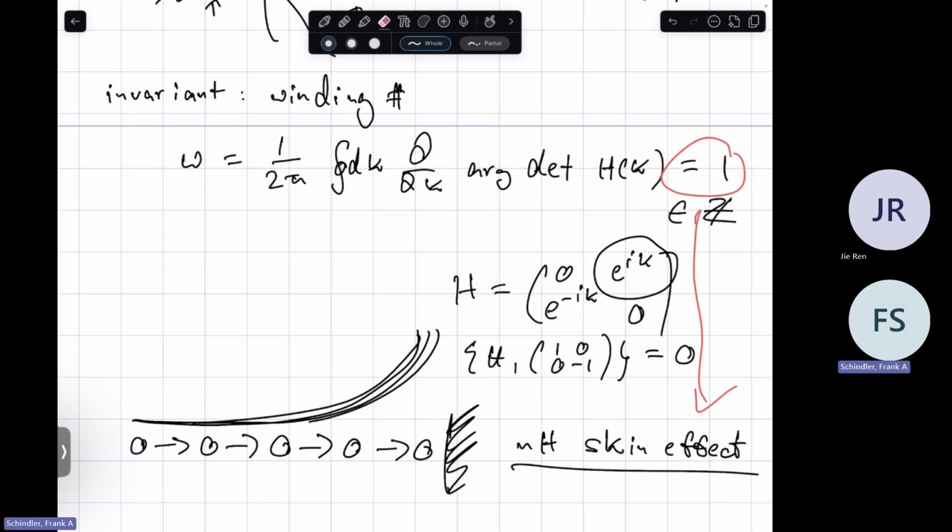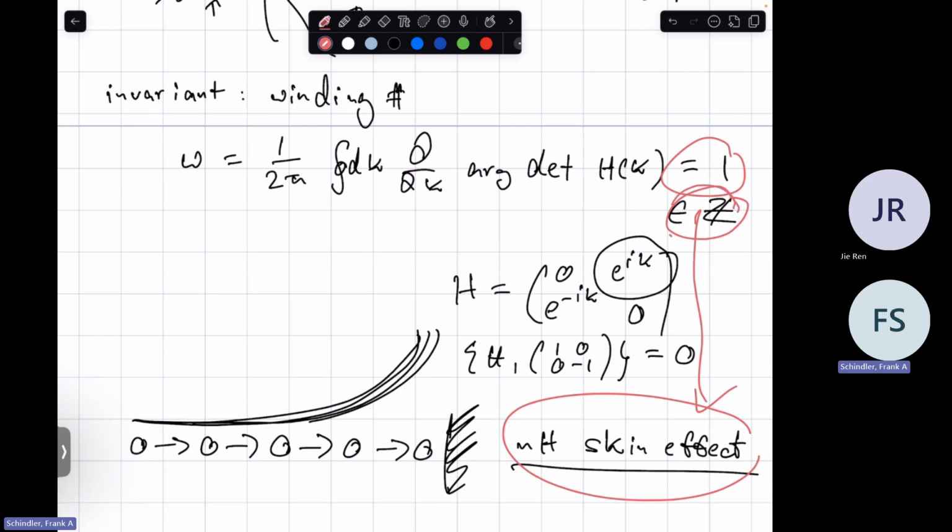So it's the same as in the Hermitian case. The statement is whenever you have a winding number, then you have a skin effect. There is a more rigorous way of resolving the Z invariant. I've kind of glossed over the fact that it's Z, whereas the presence of a skin effect seems to be just a Z2. It just seems to be either you have a skin effect or you don't.